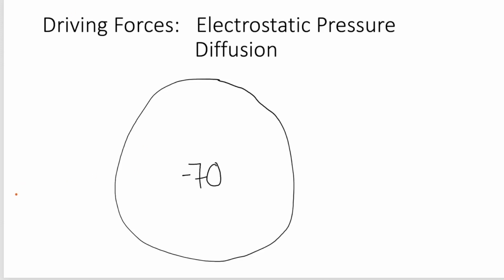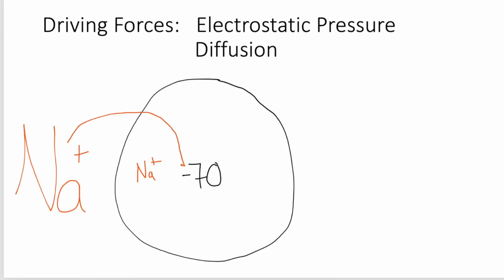And let's take our example of sodium. We have a lot more sodium outside the cell than inside the cell. And we have a negative charge on the inside of the cell relative to the outside of the cell. So movement based on charge means that this positive ion is attracted to the negative inside of the cell. So the driving force of electrostatic pressure wants to push sodium into the cell.